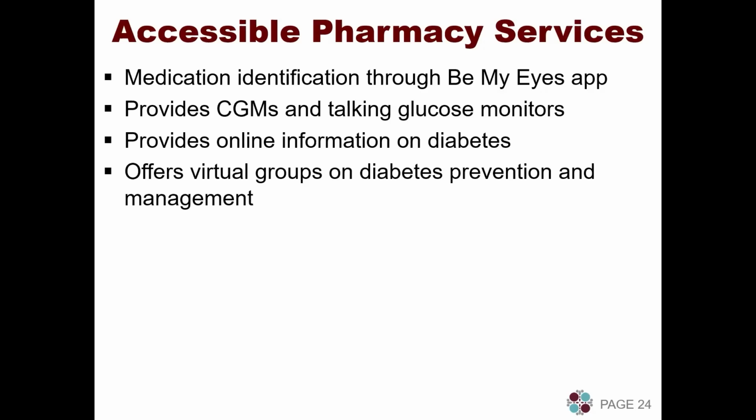They provide online information about diabetes and also offer some virtual groups for both prevention and management of type 2 diabetes. And then they also have different educational opportunities. They'll have online health fairs. They've had online presentations on diabetes and mental health as well.